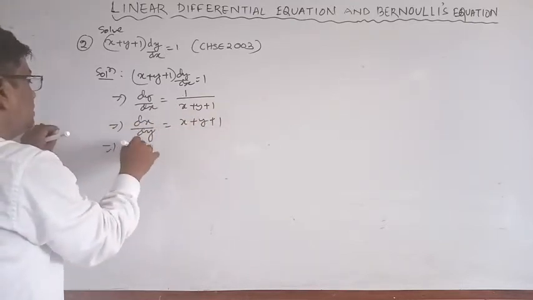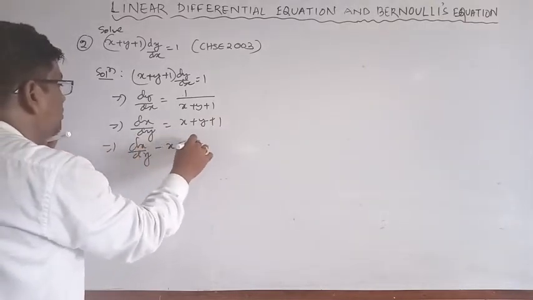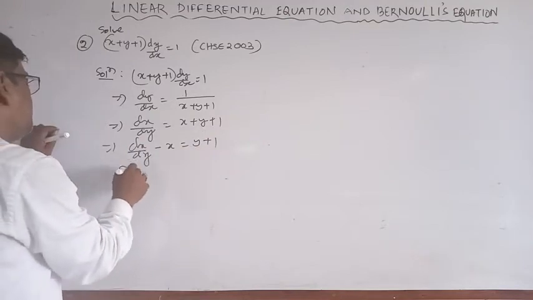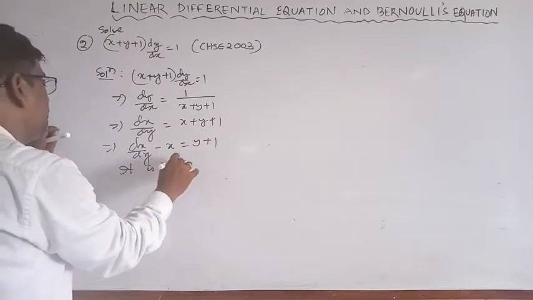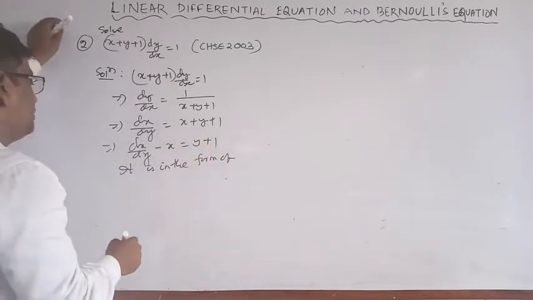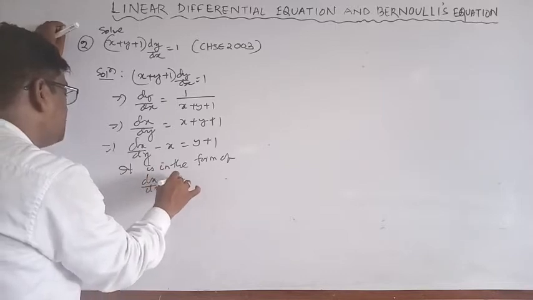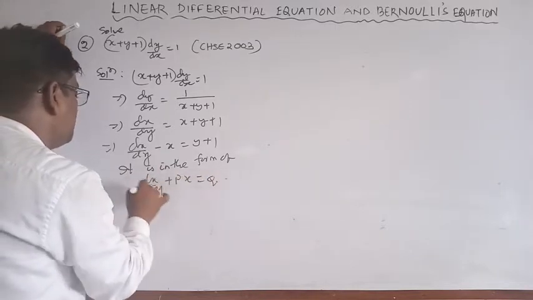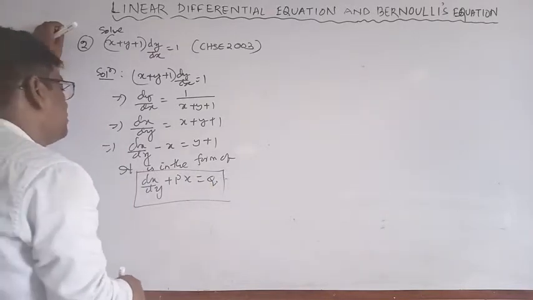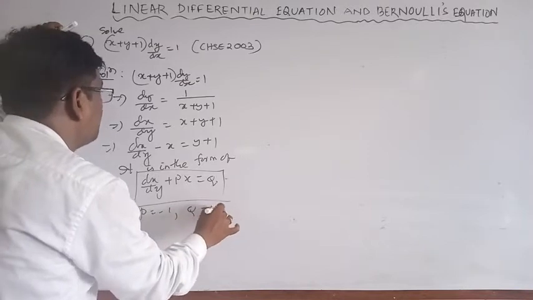This is dx/dy - x = y + 1. It is in the form dx/dy + px = q, where p and q are functions of y or constants. Here p = -1 and q = y + 1.